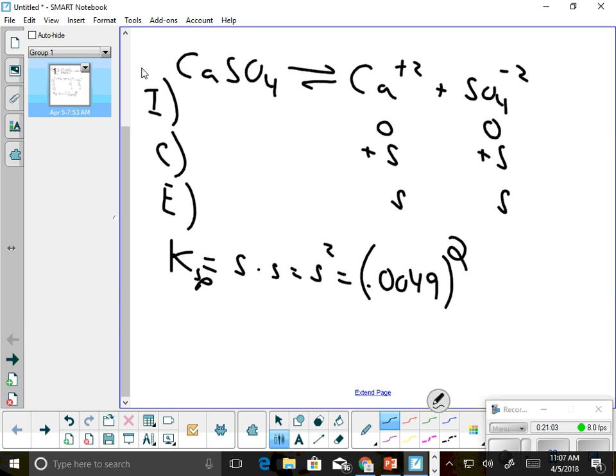We use that 0.0049 value because for every one calcium sulfate, there's one calcium ion, so that's the S value. For every one sulfate, same thing, and we square it. That means the K value for this, I get as a 2.4 times 10 to the negative fifth.